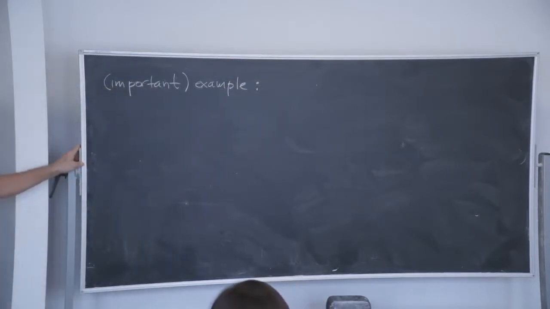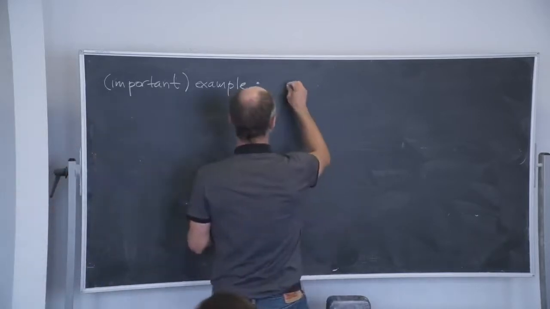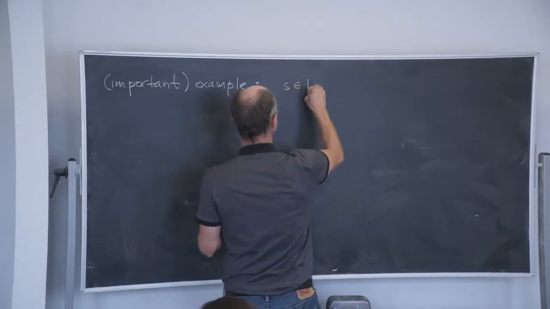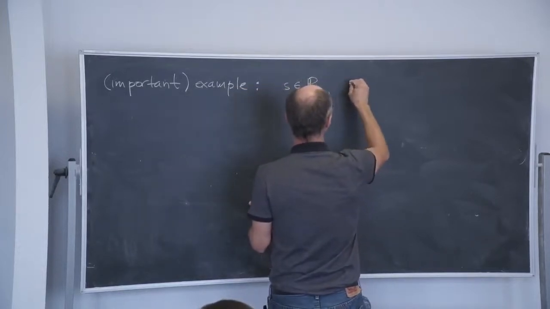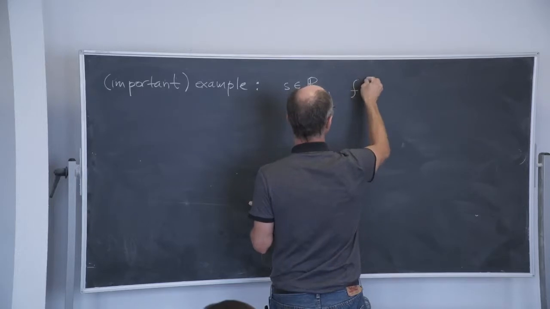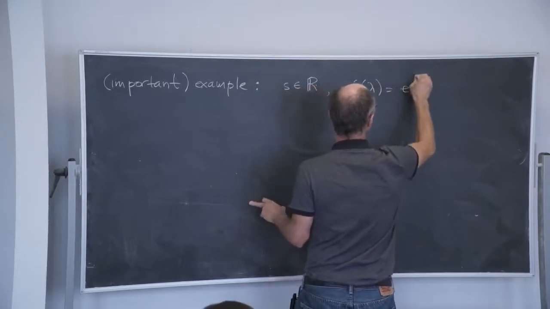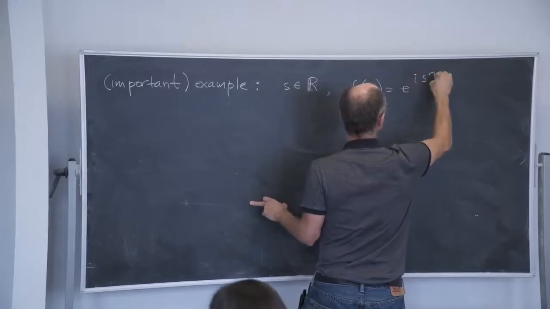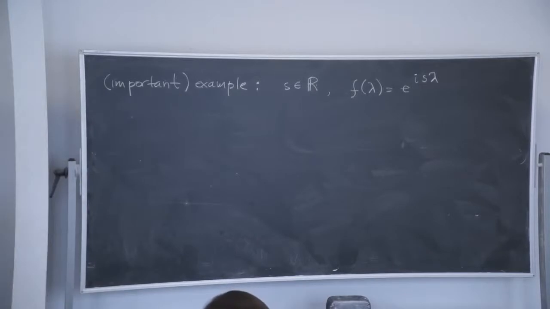So here is an important example. For s in R, consider a function which is the exponential of i s lambda.